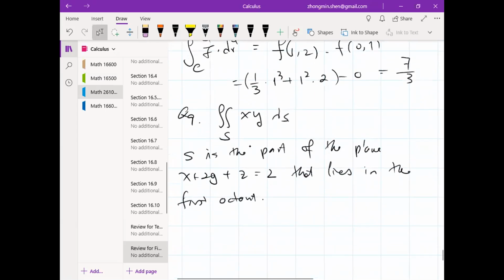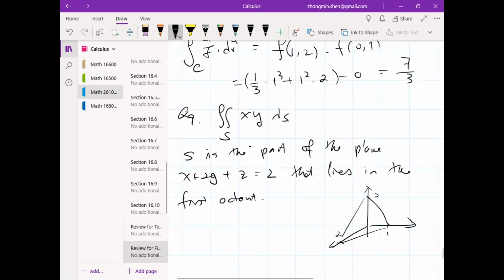All right, so here's the problem, right? Surface integral. How do you evaluate a surface integral? When x is 2, y is 1, z is going to be 2.